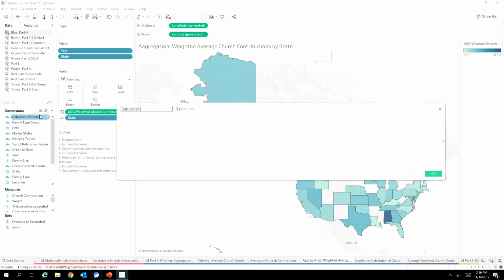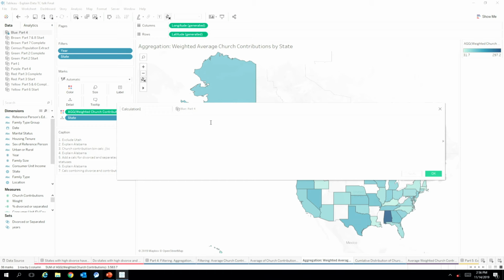And again, I showed you the answer, and now I'm going back just to illustrate the mechanics of explained data here. But we saw that there's some interesting things with the proportion of people in Alabama who are making church contributions, and also whether it's lots of people making medium-sized donations or one person making large donations.